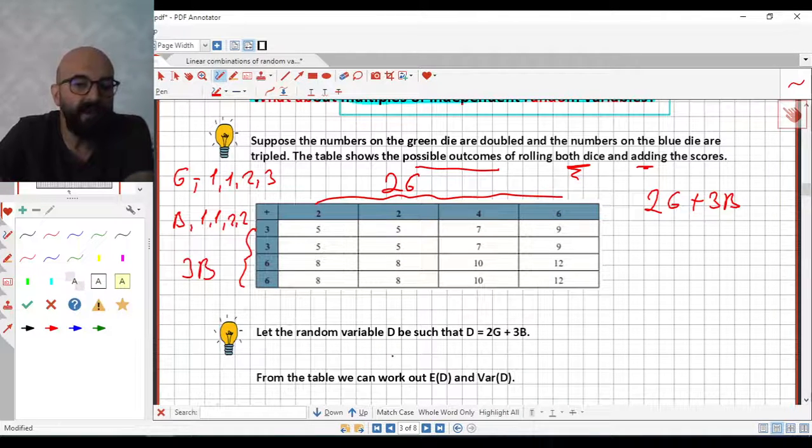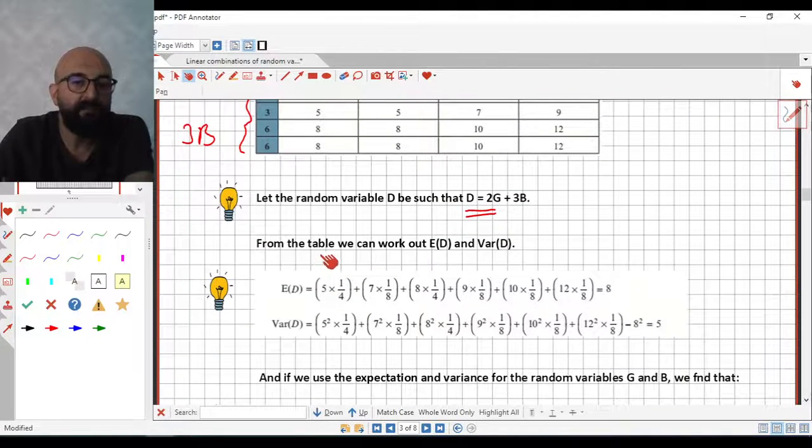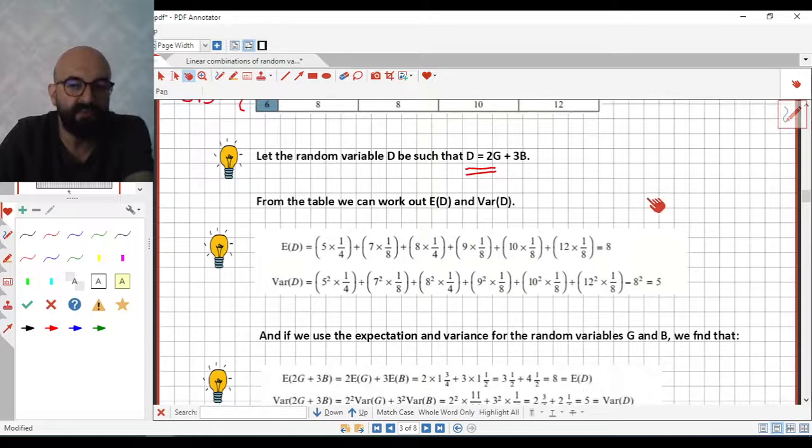Let the random variable D be 2G plus 3B, and from the table we can work out the expected value of D and the variance of D.